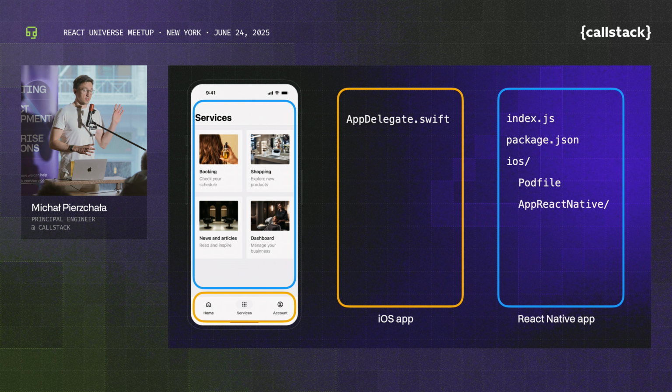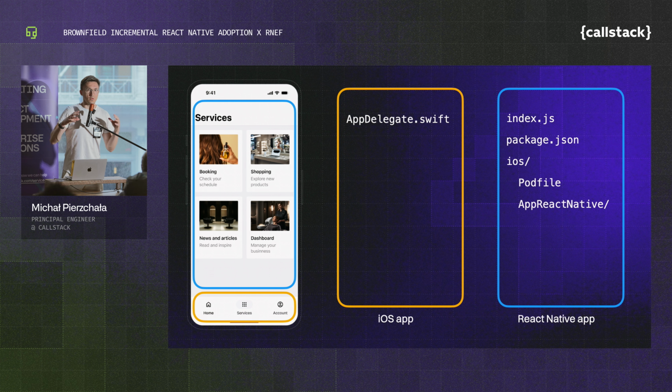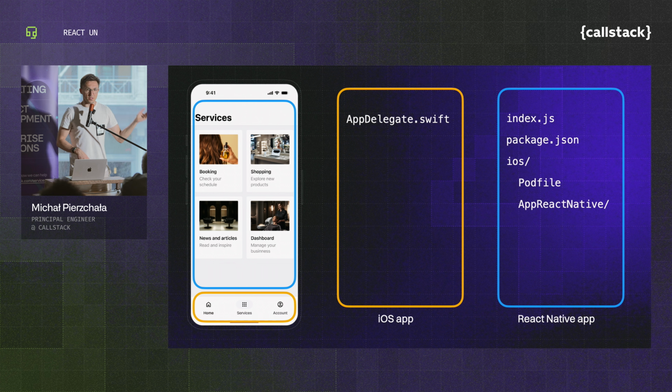So our app that we've seen as an example, it's actually important to realize that these are two apps. First, we have this yellow iOS app. I'm using iOS as an example here. That will have app delegate and a bunch of other stuff that you have there.